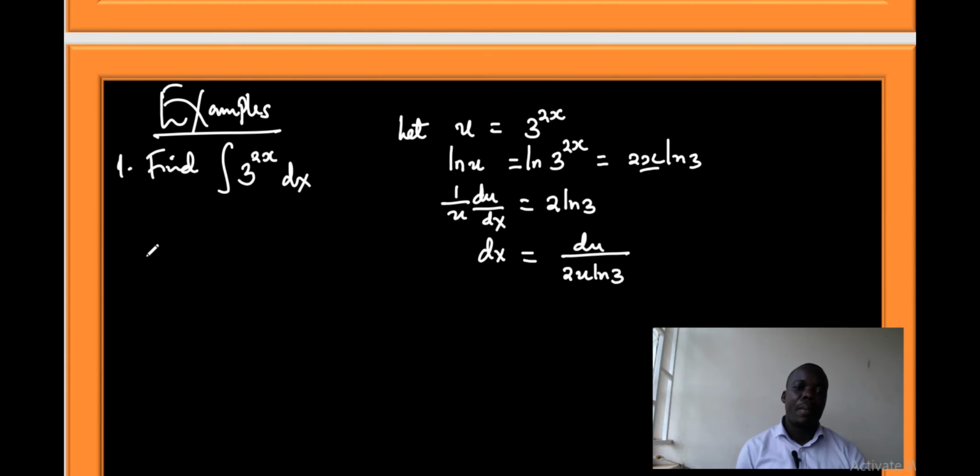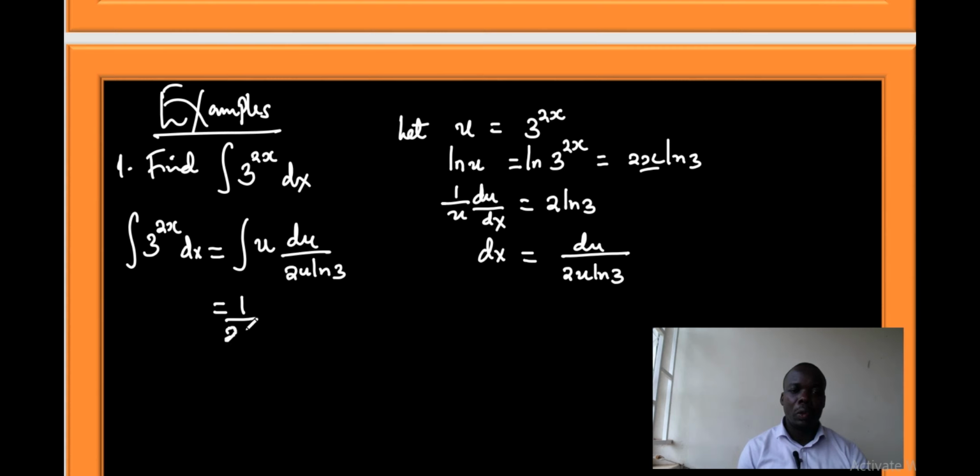And then when you come back and make a substitution, the integral of 3 power 2x with respect to x would be the integral of u, but where there is the dx, I say du out of 2u ln of 3. What do you realize? The u would cancel. So I remain with 1 over 2 ln 3, which is a constant, times the integral of 1 with respect to u.